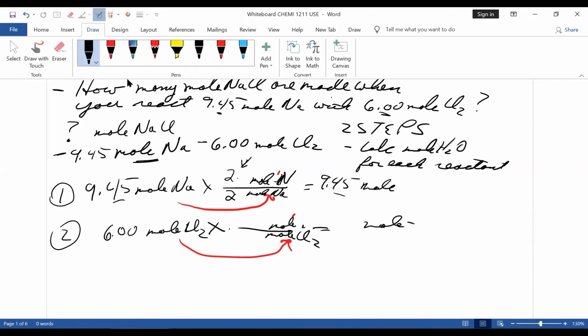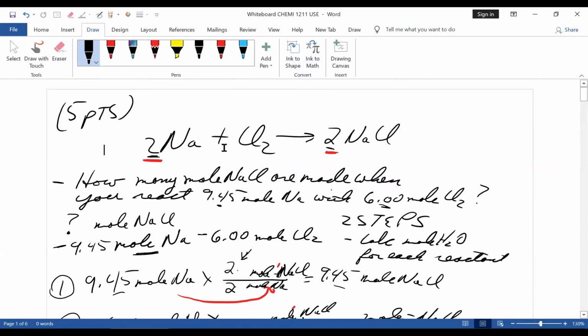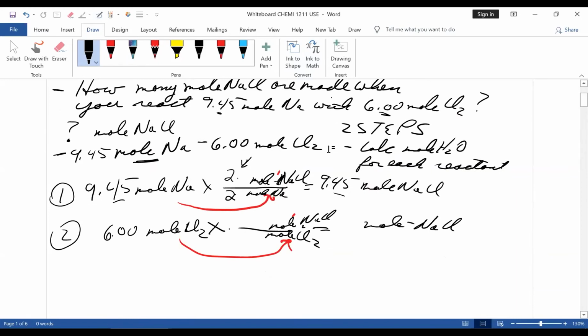Now we're on the right track. Sorry about that. And remember, 1 mole of chlorine makes 2 moles of sodium chloride. I can do this one in my head. That'd be 12.0.